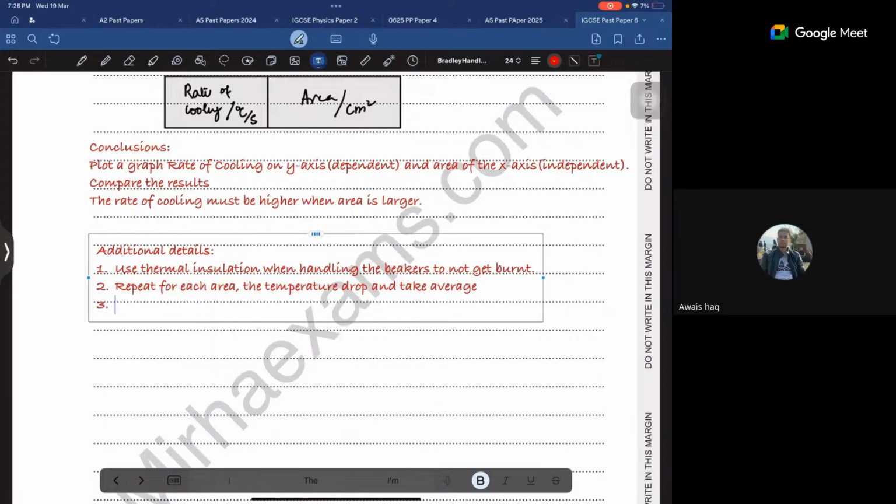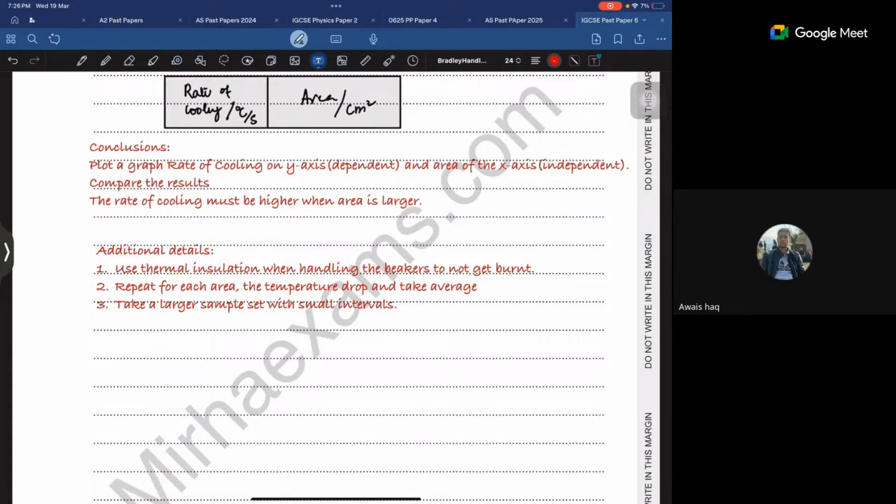That's a common point. You can do that, right? Take a larger sample set with small intervals. So these are a few things you can write, and this is going to score you the full marks.